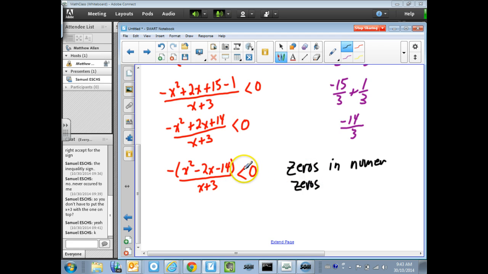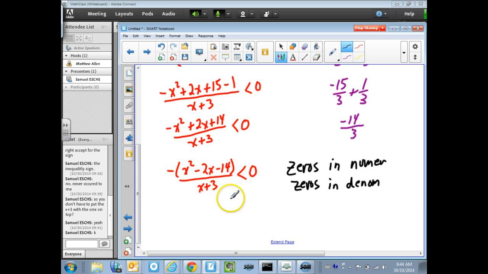I'm looking for values that are less than 0 here, so I need to know where things are 0, and then one side of it will be negative, one side of it will be positive most likely. My graph is going through the 0 at certain points. Those are the points I'm interested in. And then zeros in the denominator, of course, because that gives me an asymptote and something that obviously can change the graph substantially at that point as well.